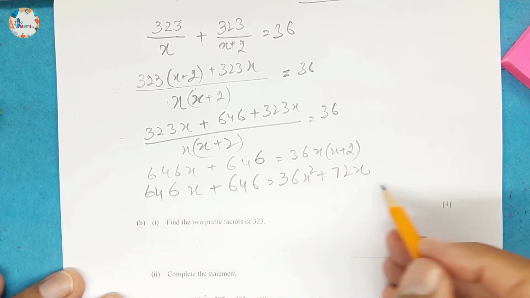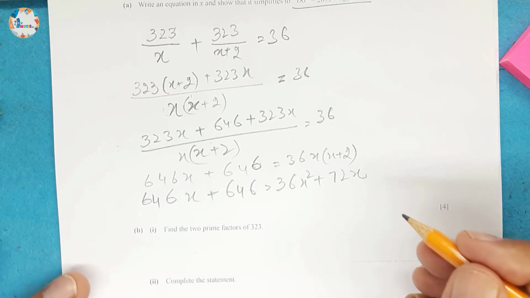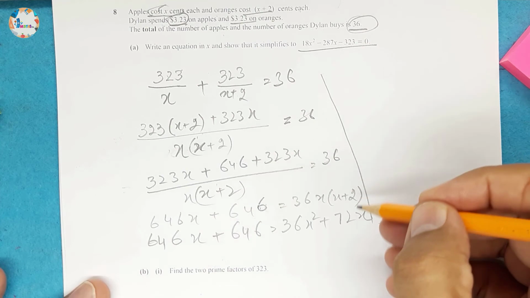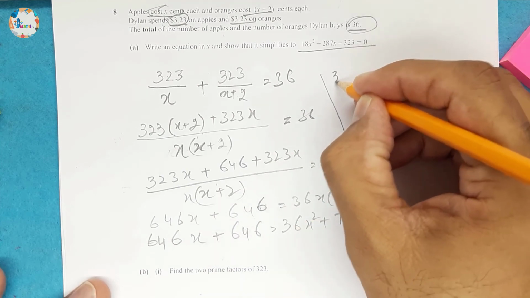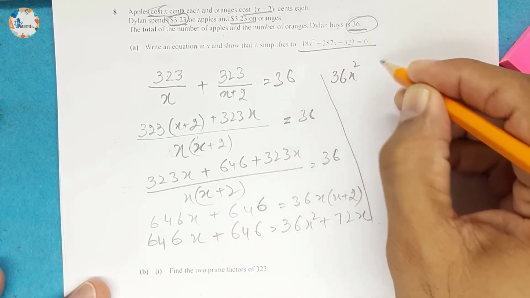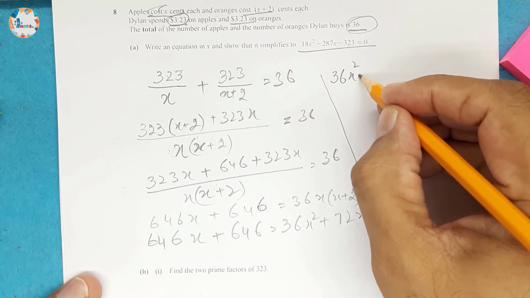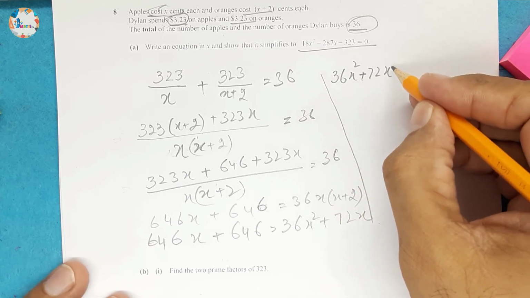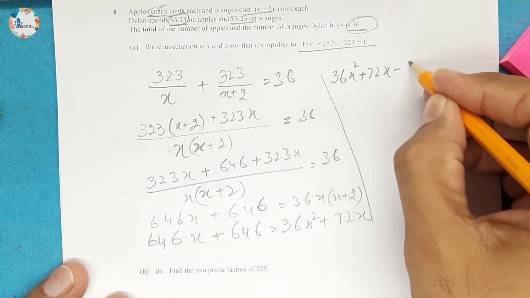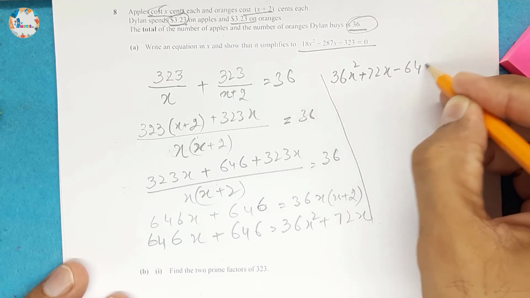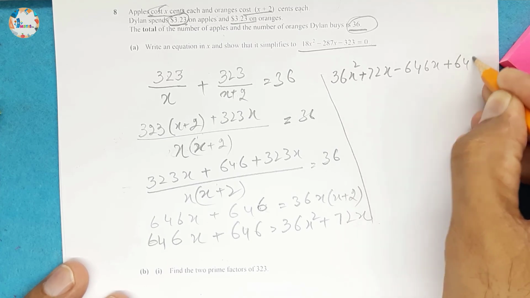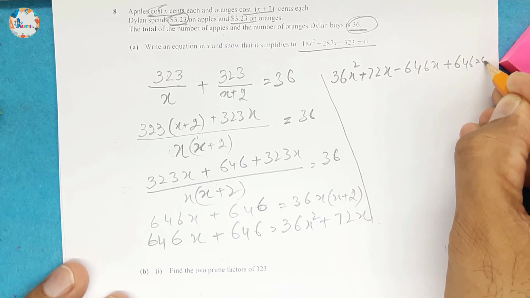Now we can shift everything to this side, and our equation will be over here. We can write 36x squared plus 72x minus 646x plus 646 is equal to 0.